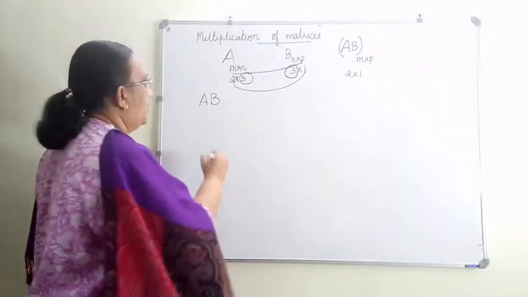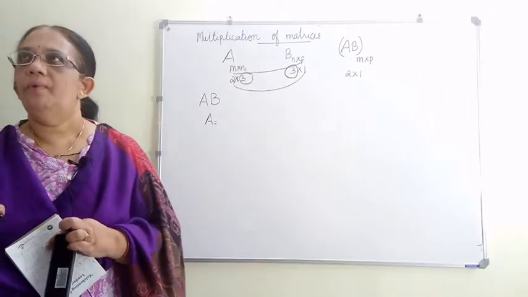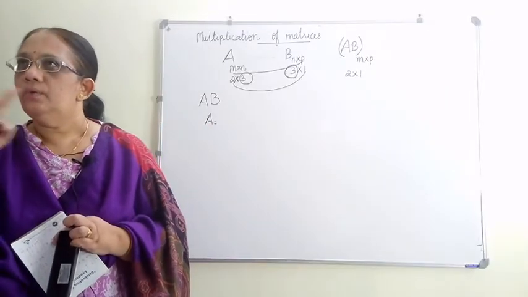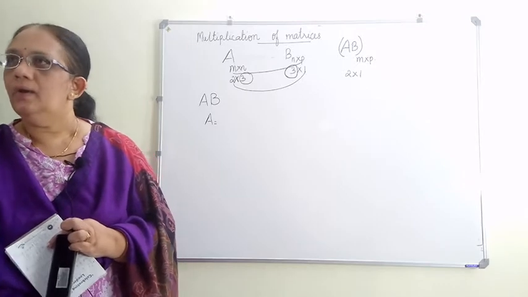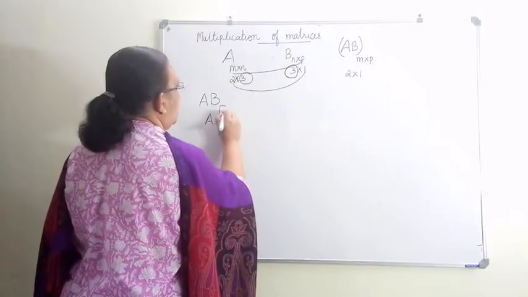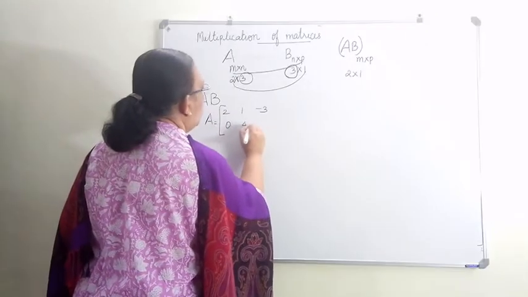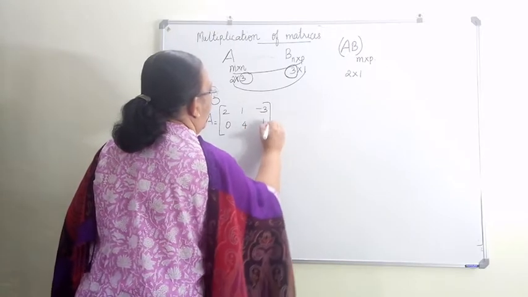Let us take an example. Give me an example of a matrix A of order 2 by 3: 2 rows and 3 columns, with entries 2, 1, minus 3, 0, 4, 1.